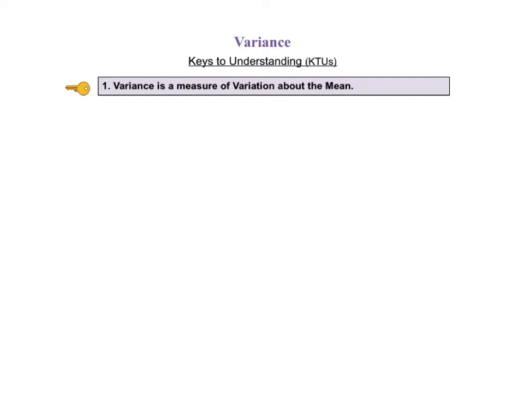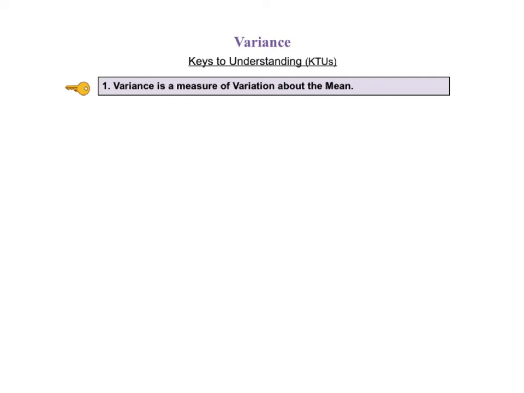As usual in the book and in these videos, we'll go quickly through a list of keys to understanding, or KTUs, to give you the overall picture on one page. And then we'll go into detailed explanations of each of the keys. For this concept of variance, there are 6 KTUs.